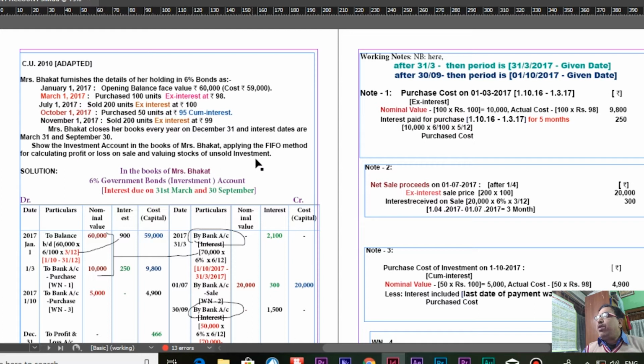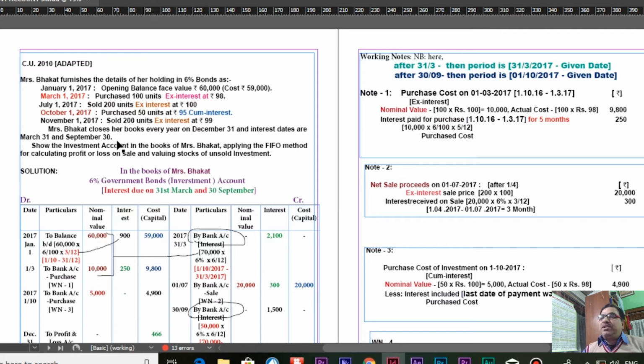31-12, that is 1-10-2016, because interest is payable, or that period is mentioned in the question, every year on December 31 and the interest dates are March 31 and September 30.